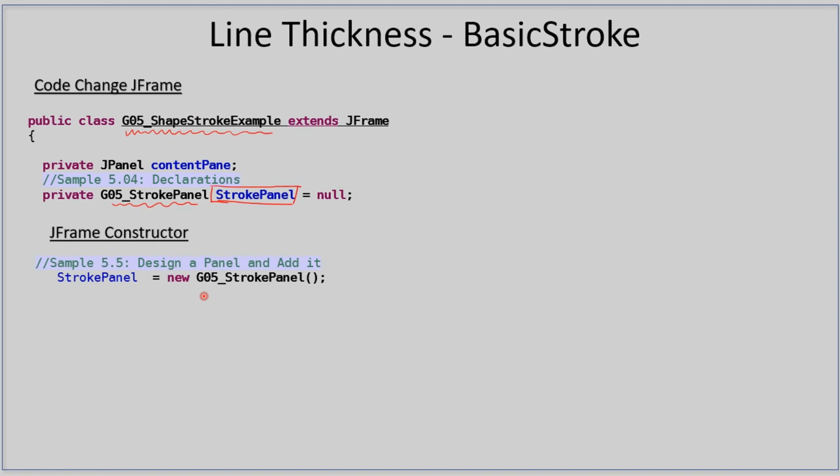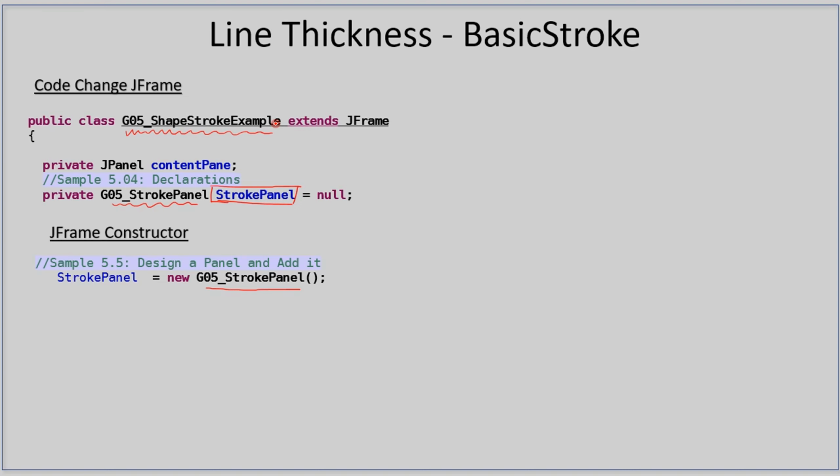Alright, in the constructor, if you see, we construct our JPanel class, stroke panel. This is G05ShapeStroke example, which is deriving from JFrame.